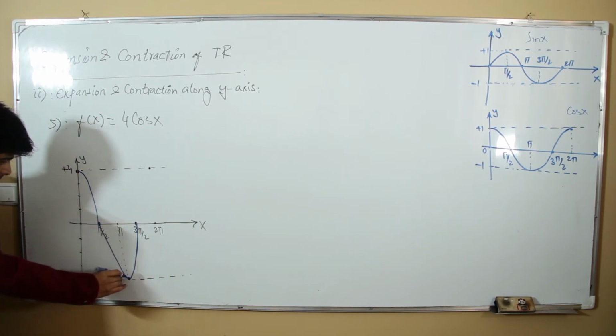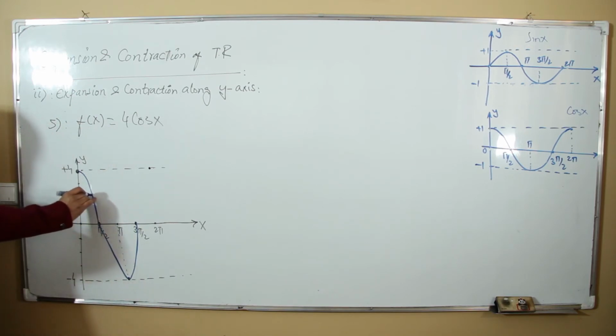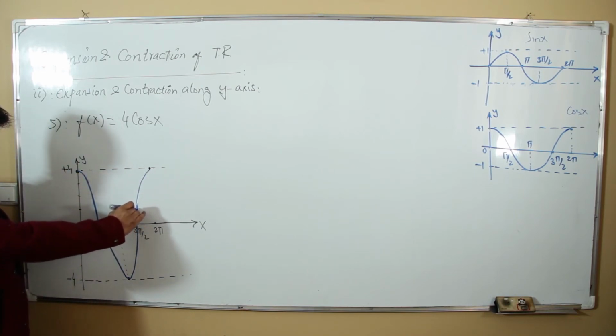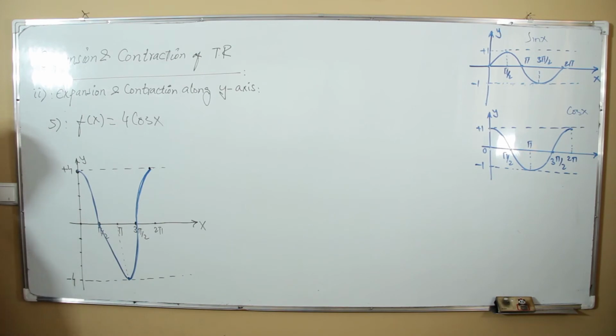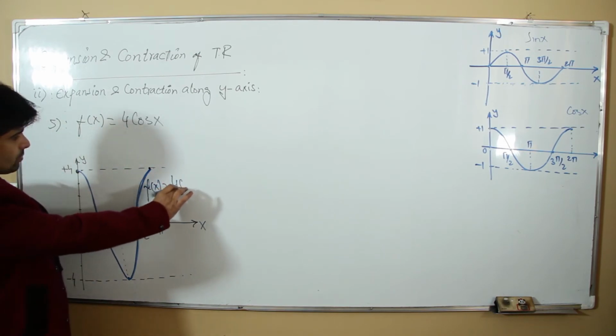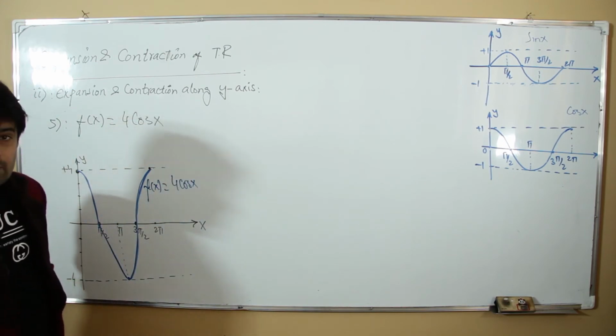This is concave. In here this one is convex. Also here we have a convex. This is our graph for f(x) equal to 4 cosine x. Am I right? Yes.